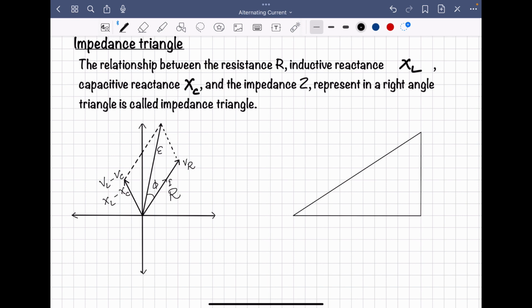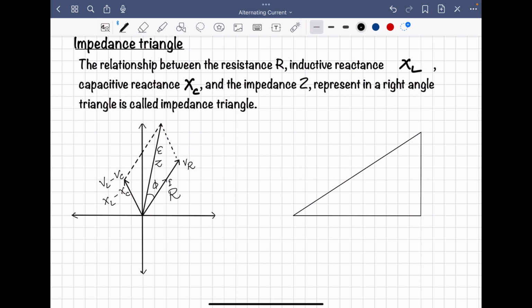In place of E we can write impedance Z, because E is our net or resultant EMF, and if we consider the impedance triangle, then we have to write Z in place of E. Okay. Then just represent this diagram as a right angle triangle.